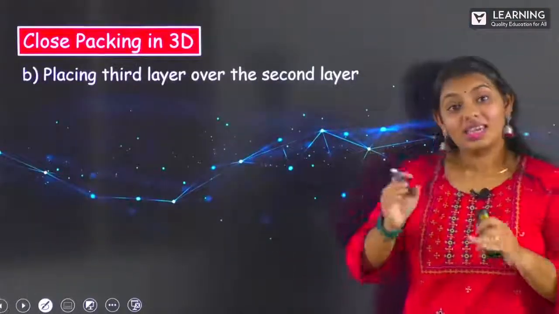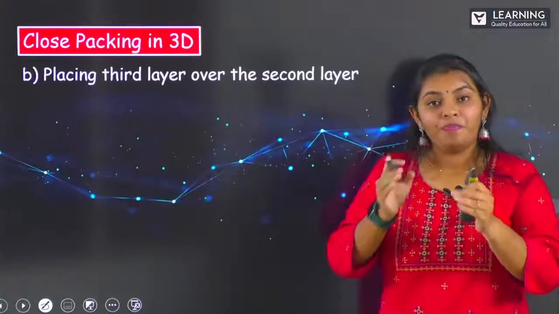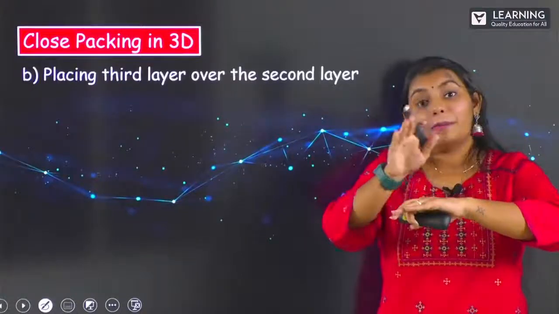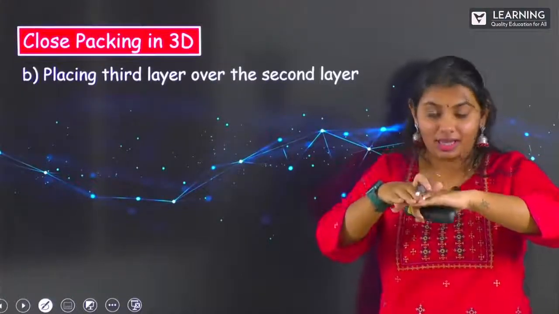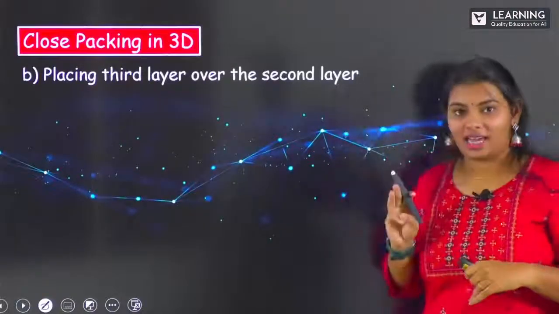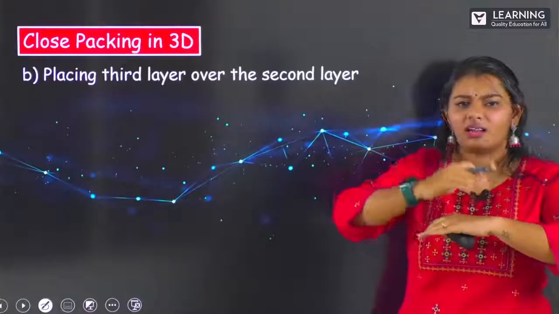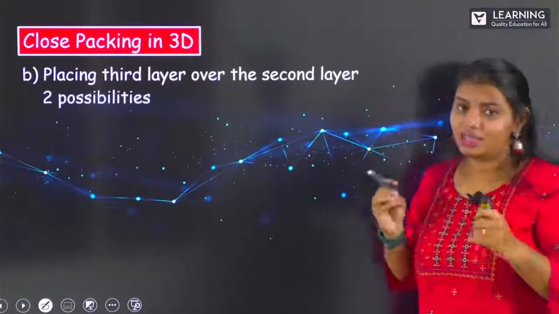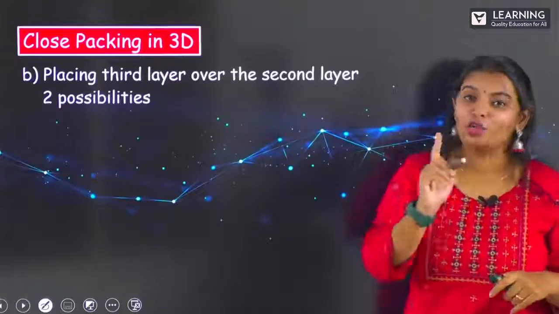Now we will see the next possibility. We saw how the 3 dimension is formed by placing the second layer above the first layer. Now we'll place the third layer above the second layer. When we place another layer, the third layer above the second layer, what is going to happen? Let's see that. That also has 2 possibilities.